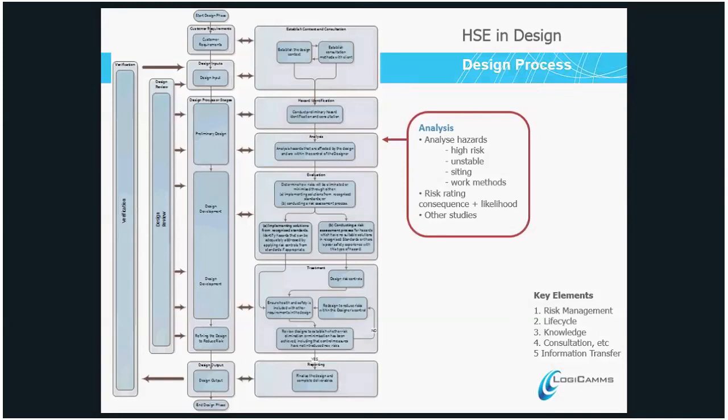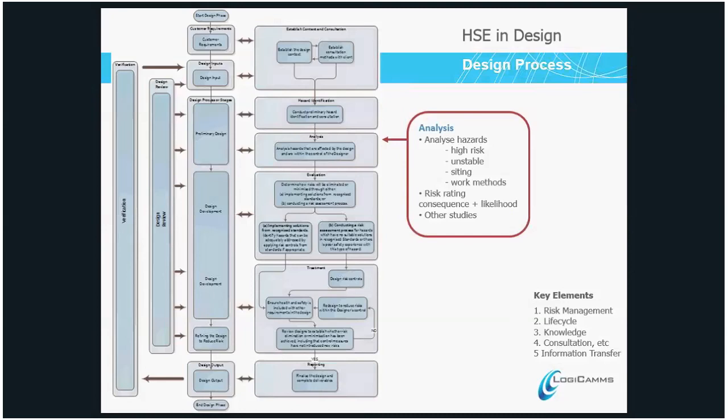So we may identify that if it's a ship loader or something like that, then obviously collision detection and things like that are as important as with other structures, and so therefore we might go into more of a SIL-based approach, with additional analysis required in studies to handle that sort of example.